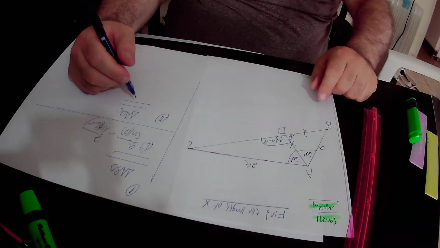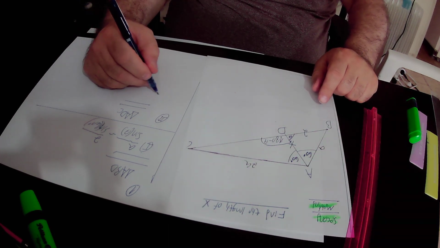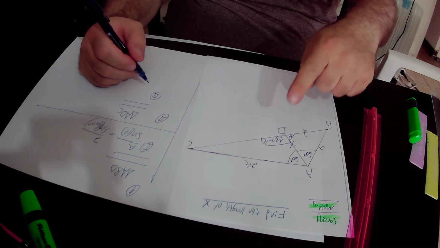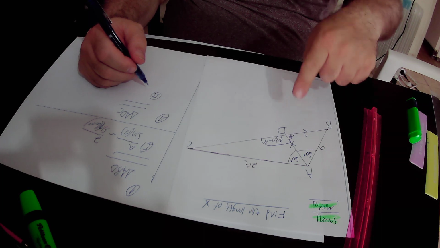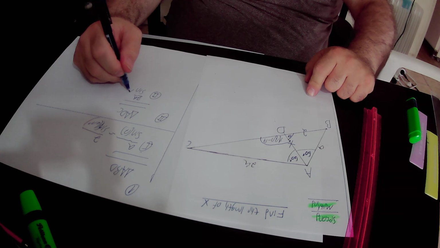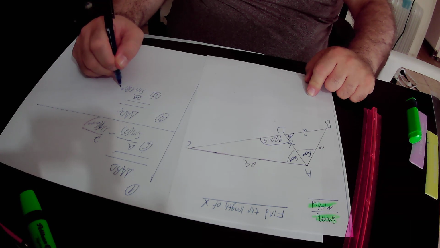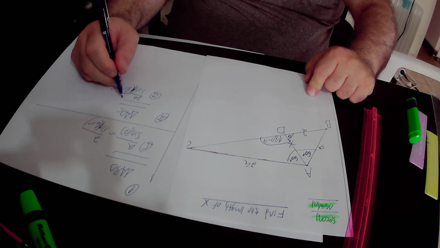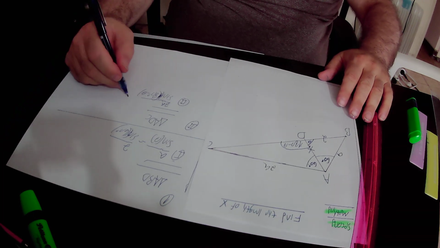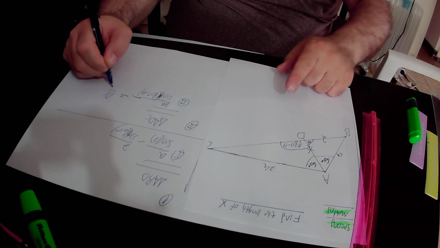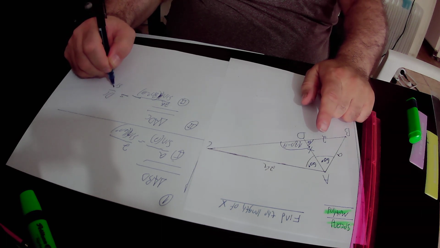According to the law of sines, we get that 2a over sine 180 degrees minus theta equals DC over sine 60 degrees.